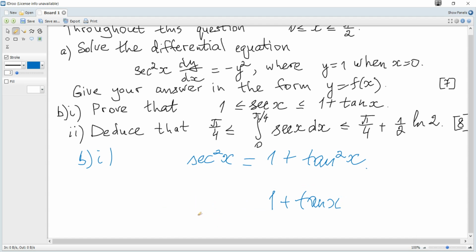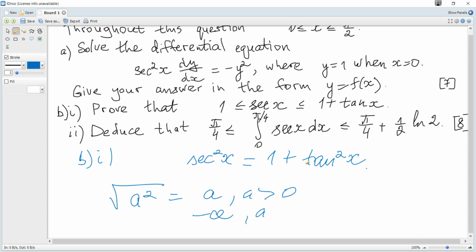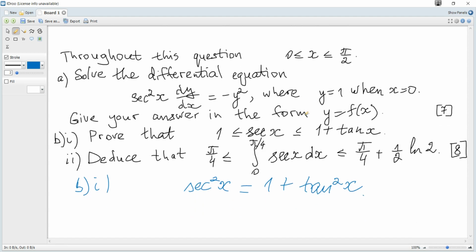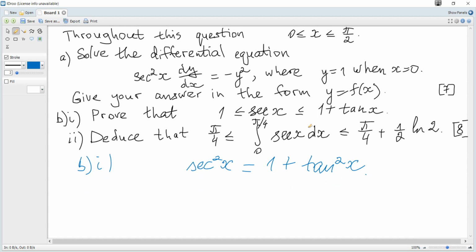And also you should understand that in general, square root of a squared is a when a is greater than 0 and negative a when a is less than 0. But here everything is positive. Why? Because x is in the first quadrant, so all trigonometric functions are positive. So when you take a square root, there will be only the positive value.